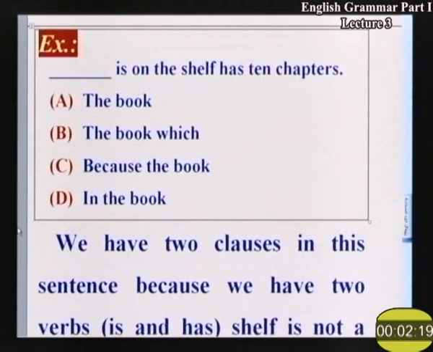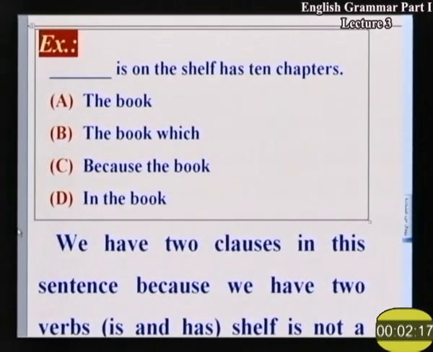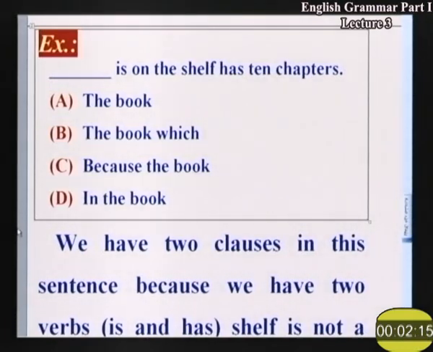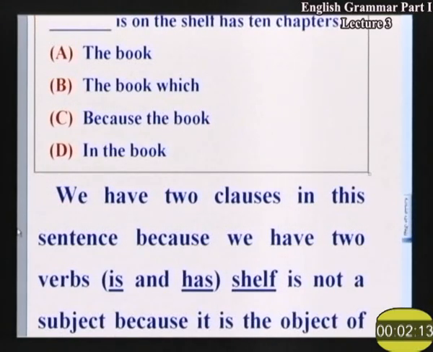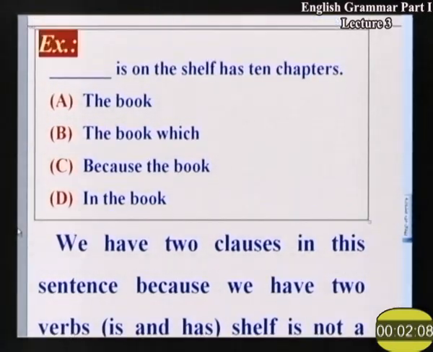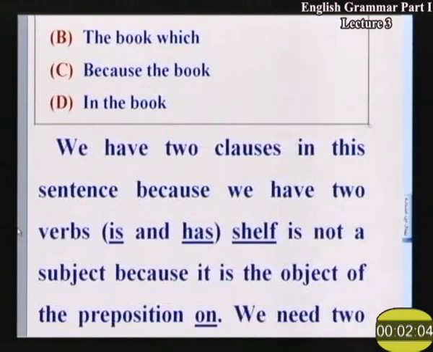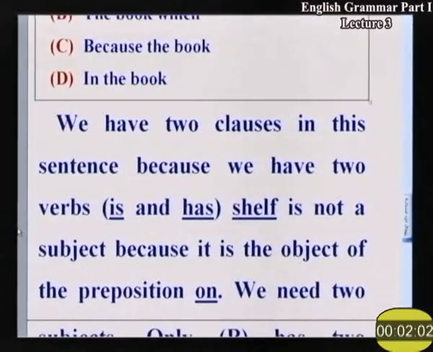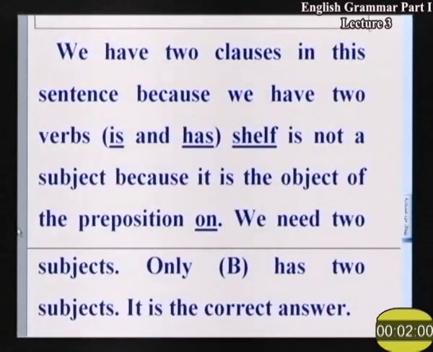طيب we have two clauses in this sentence because we have two verbs is and has. Shelf is not a subject. On the shelf دي طبعا مش subject. انتوا عارفين this is an object of the preposition on. We need two subjects. Only B has two subjects اللي هي the book which is برضو subject to connector.